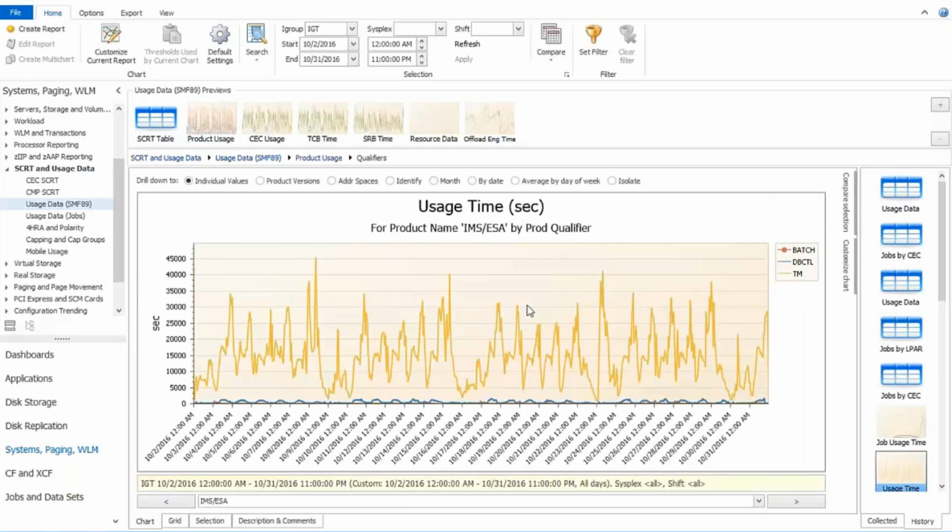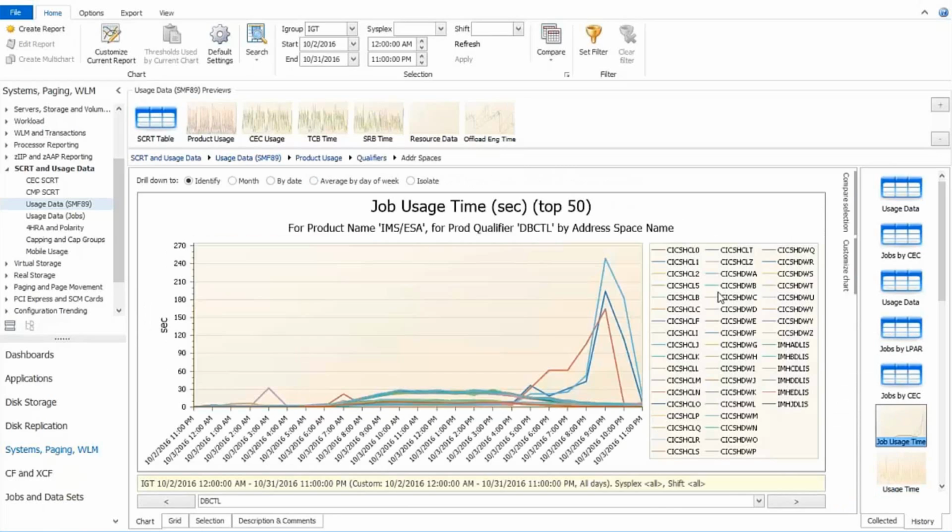Those are called qualifiers in the SMF89 records. So we'll drill into that, and here we see the 3 IMS qualifiers, and we can drill into any one of the particular components and see which address spaces are registering that component to see if we have options to maybe consolidate that work and minimize the software stack on one or more LPARs.